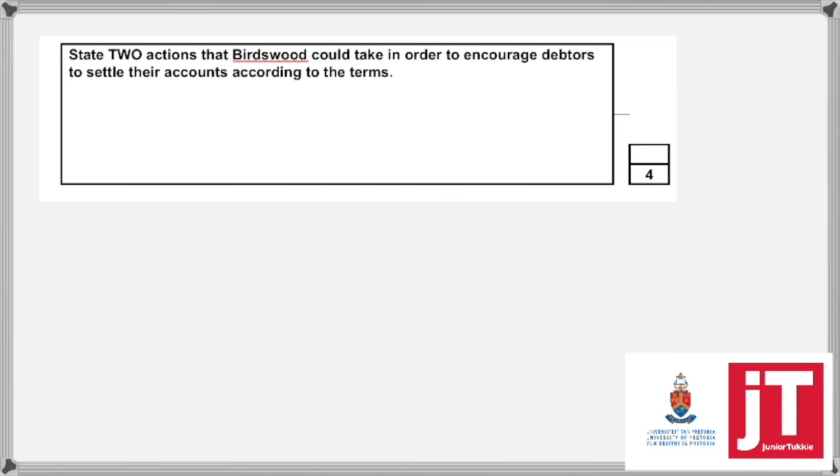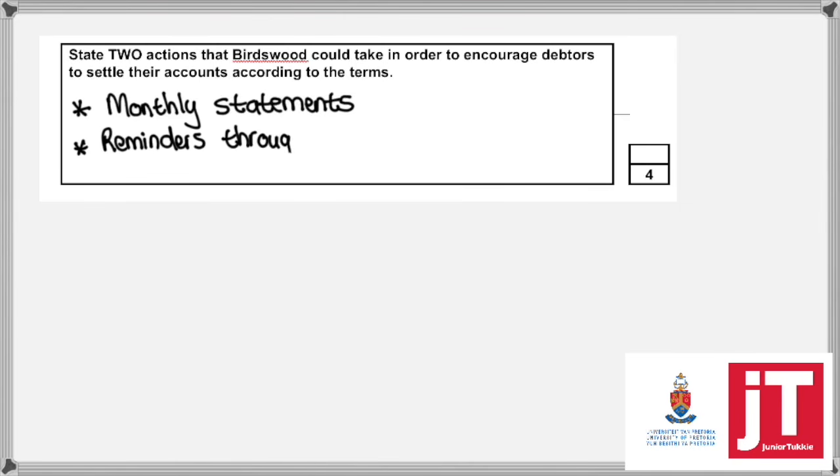So now we can look at stating 2 actions that we can take as a business to encourage debtors to settle their accounts according to the terms. So if I look at the first one, we need to make sure we send monthly statements. We need to send our statements to our debtors before the end of the month. Send reminders.